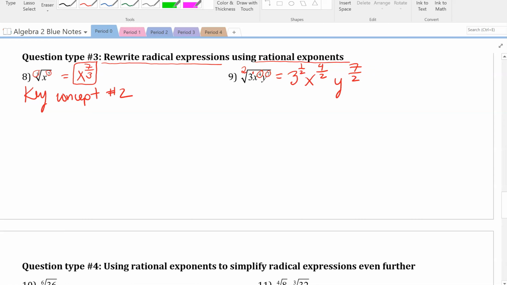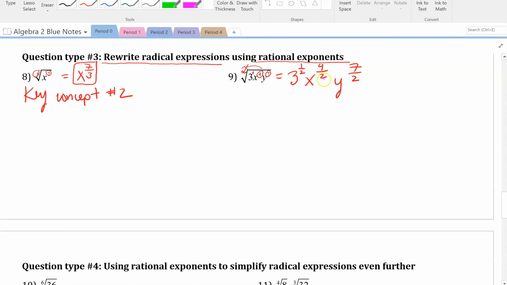So I can see that the x simplifies. And if you remember, when we simplified radicals before, we would take the power that was under the radical and divide it by the index. That's because of this rational exponent fact, that the number in the numerator of a rational exponent is the power under the radical, and the index is the denominator.